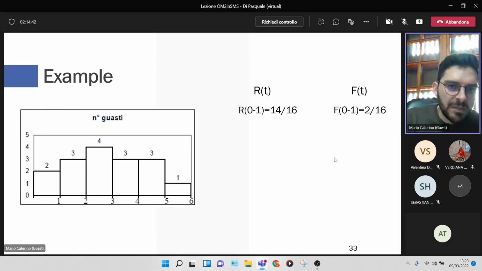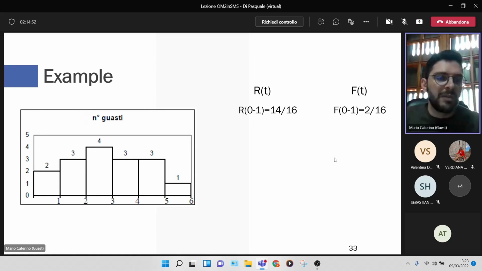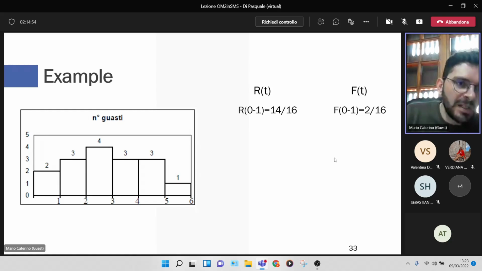And as you can see, considering a time interval from 0 to 1, we have 16 total items. Since only 2 failed, reliability is the number of systems still working, that is 14, divided by the total initial number. So the reliability of this system in the time interval 0-1 is 14 on 16.